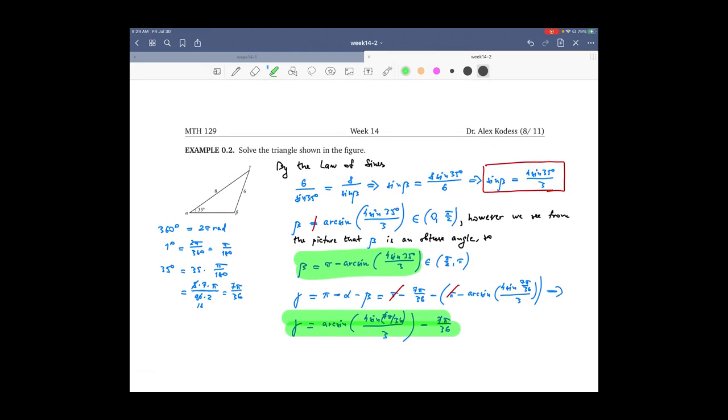Now, to find the third side, we can use the law of cosines, for instance, or law of sines. It doesn't really matter.